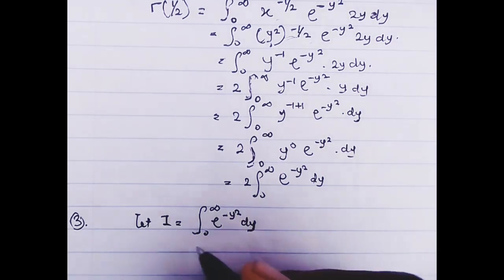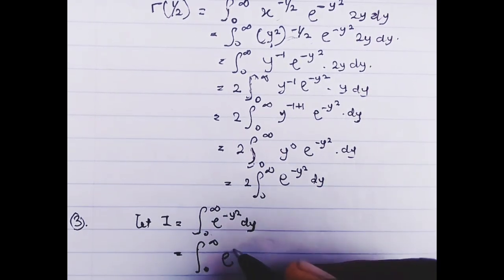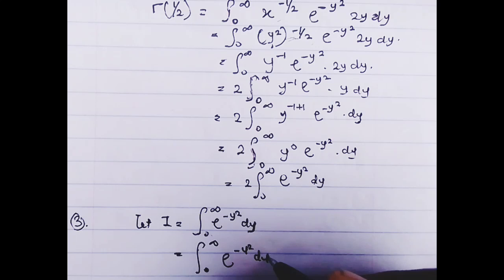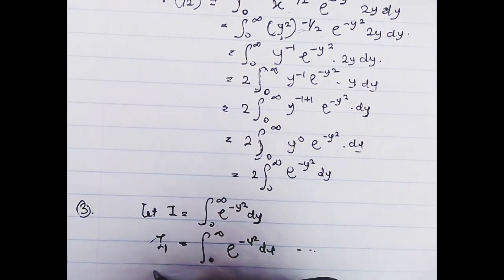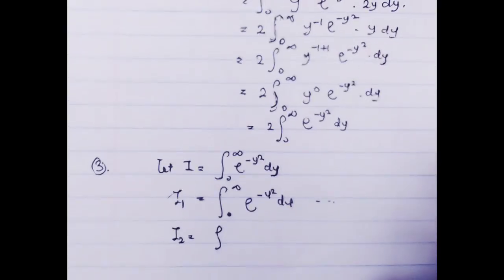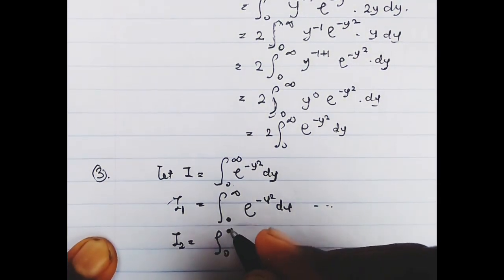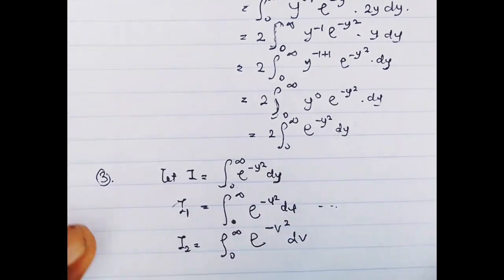So let's use another variable for this. I1 is the integral from 0 to infinity of exponential minus u squared du. Then let's say I2 is the integral from 0 to infinity of exponential minus v squared dv.